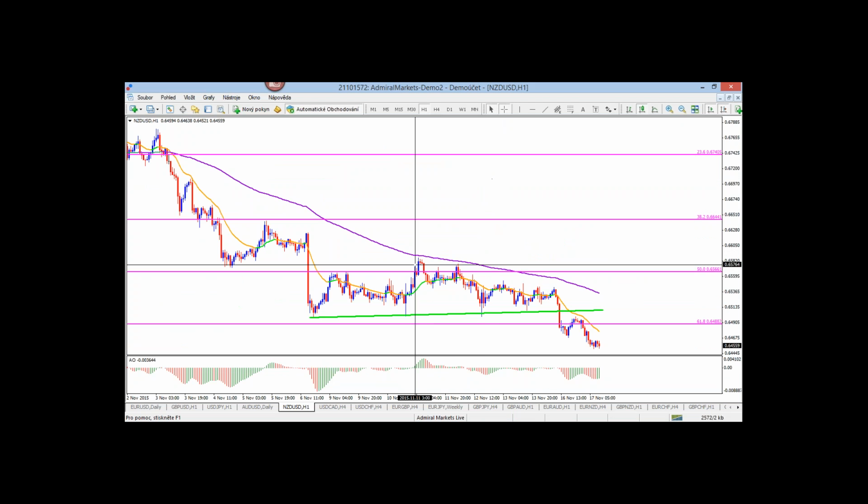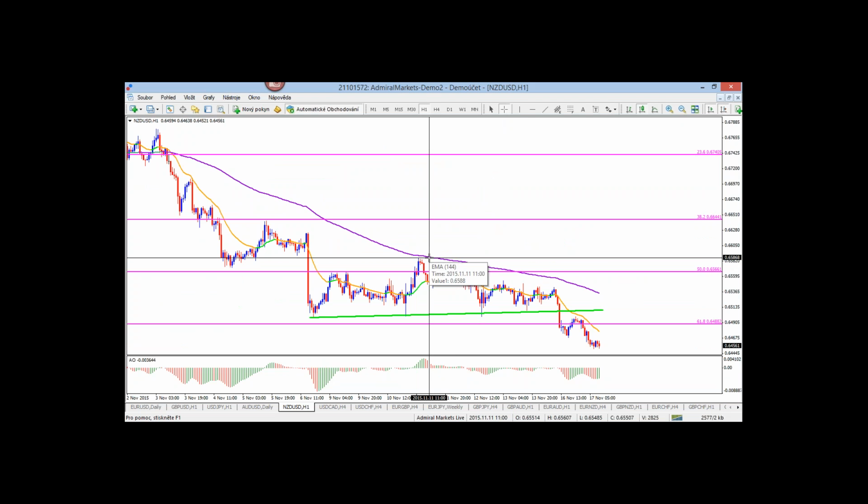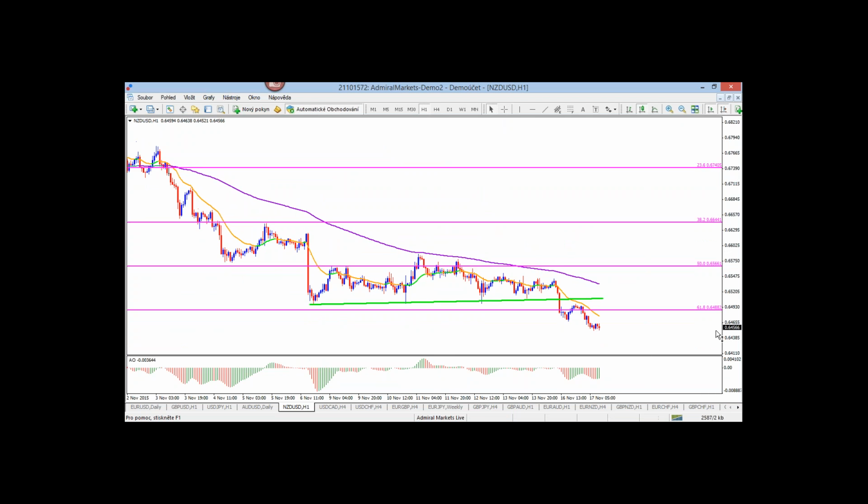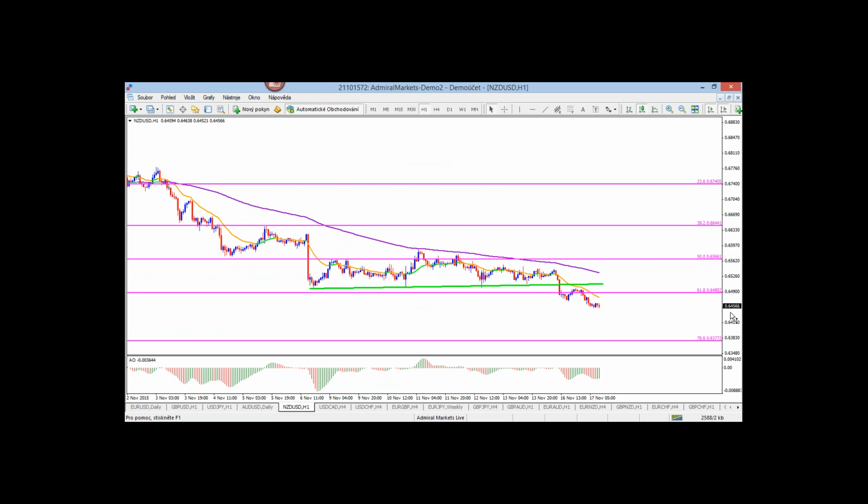Just doing some math here. Yeah, 63.80, I think that's the 78.6 fib. From various fib points of view, I think it makes the most sense.